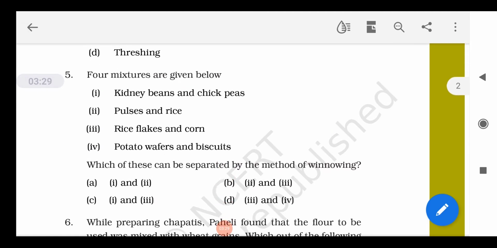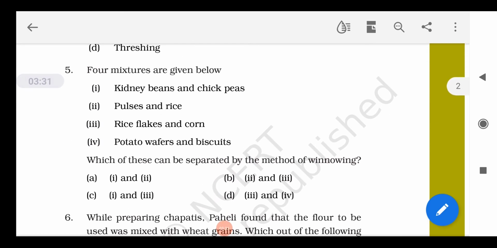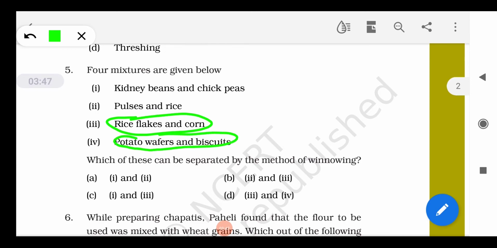Let us see what are the options given. Okay, actually there are two options which we can separate by winnowing. Number 1 is rice flakes and corn, and number 2 is potato wafers and biscuits. For this we can use winnowing.